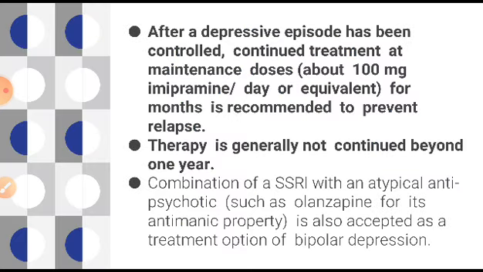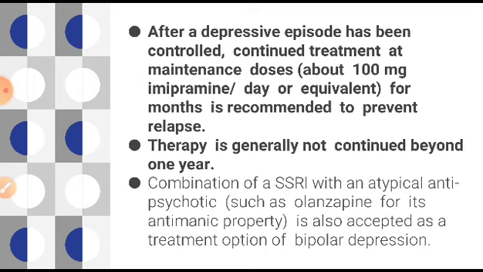After a depressive episode has been controlled, treatment is continued at maintenance dose. When the depressive episode is over, continue treatment with maintenance doses, where 100 mg imipramine per day can be given. It can be given for months, and it is better to give it to prevent relapses.